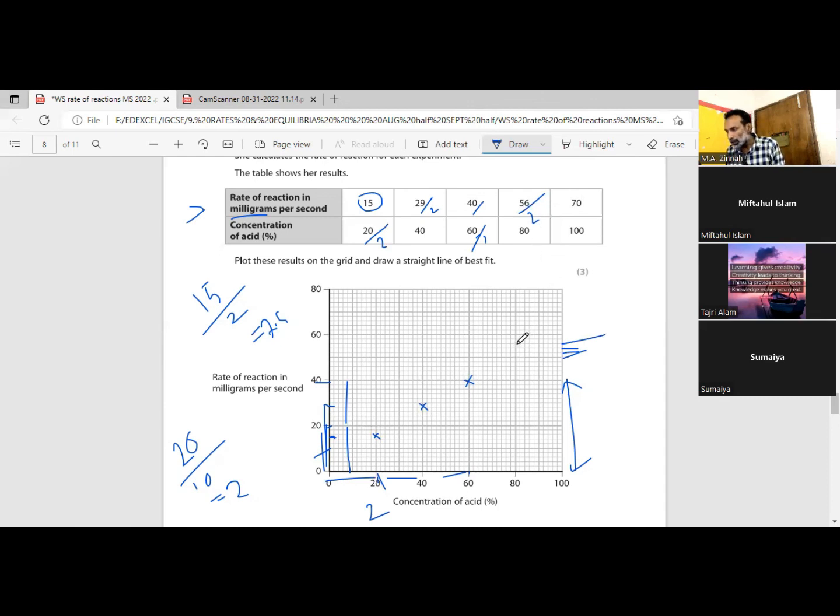Now next, 35 divided 2. 35 is here, right? And here is 100. This is the point. Now you can draw a straight line, right? I can draw this with this now.